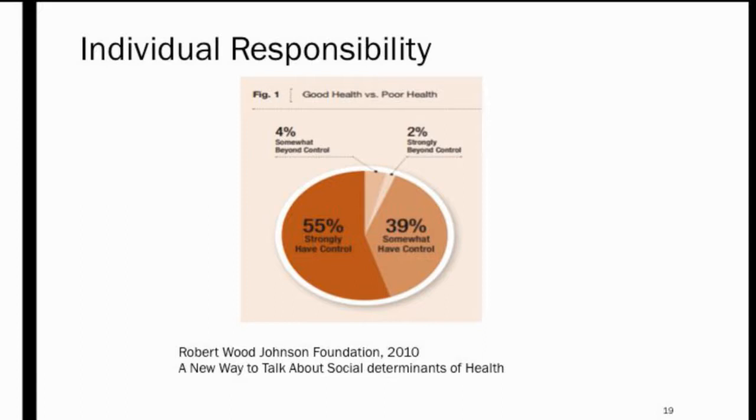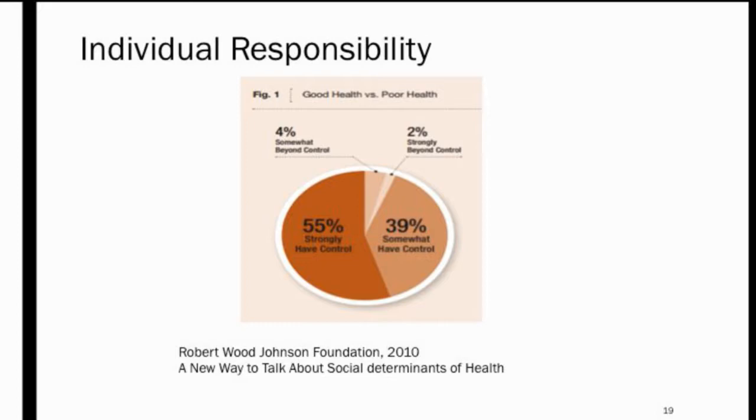So in some ways, this assumption of individual responsibility leads us to think in a negative way about people who don't have good health, because we attribute it in some way to their own doing. Am I saying that individual responsibility does not matter? Has anybody heard me say that? No, I am not saying that.